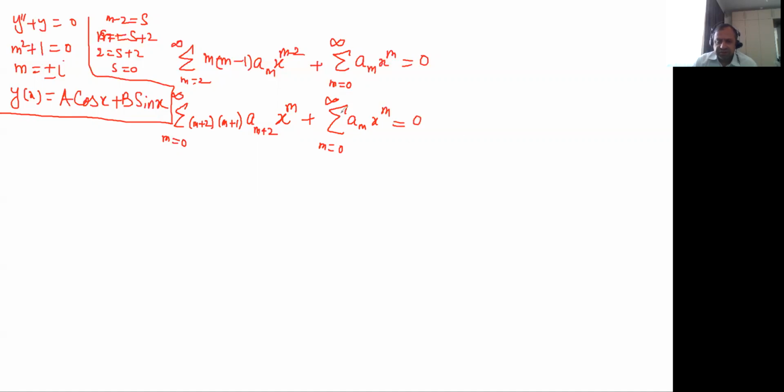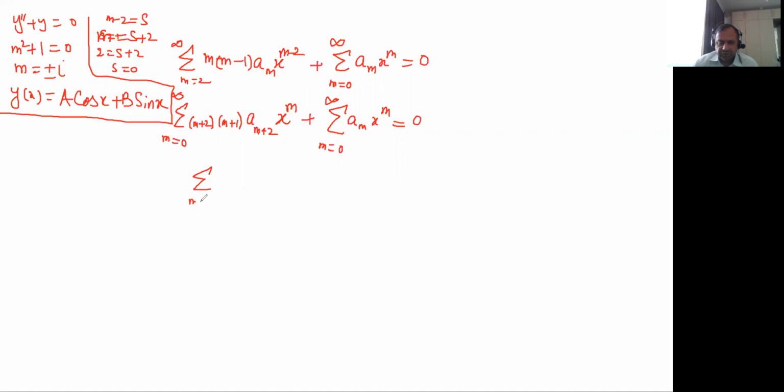So now with this, because both of these sigma terms are at the same level, what we can do is combine these two terms.